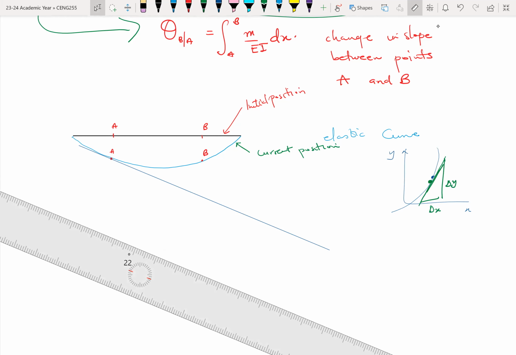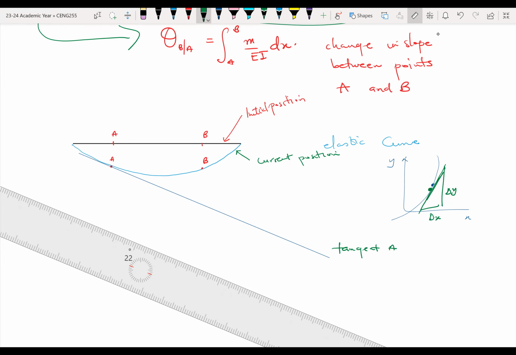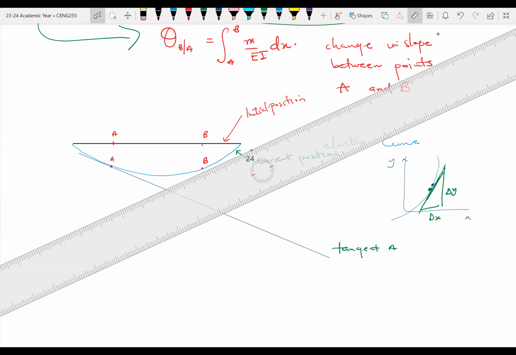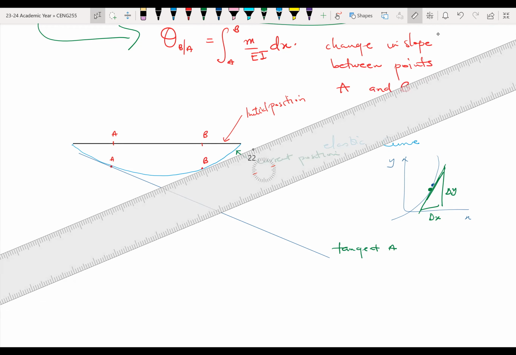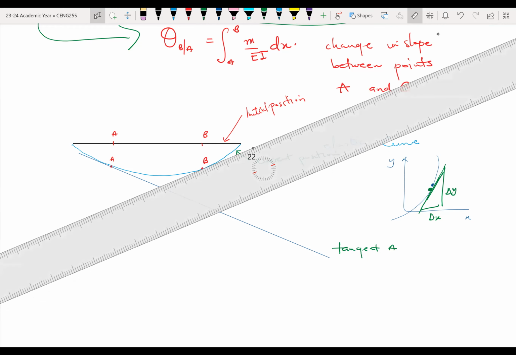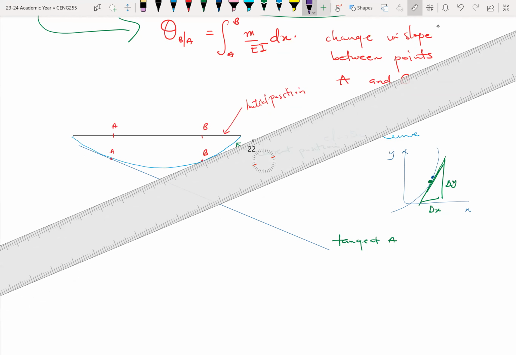So here I have my tangent. Let me call this tangent A. Then I can also draw another tangent here, passing through B. Let me use a different color.